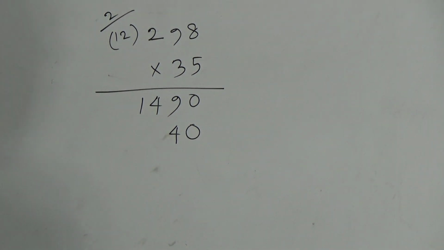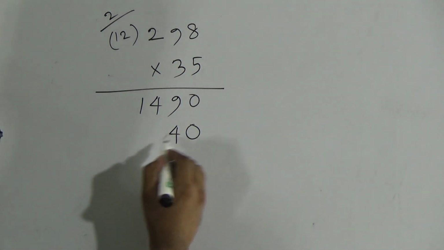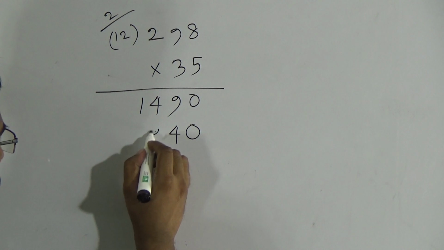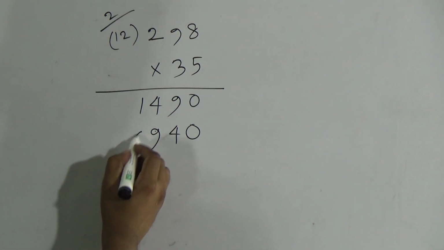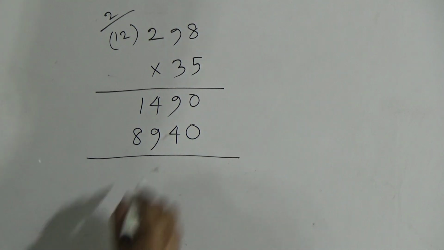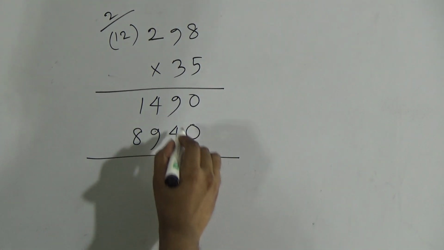Now 3 9s are 27, and 27 plus 2, this is equal to 29. From 29 we will write 9 carrying 2 again. Now 3 2s are 6. 6 plus 2, this is equal to 8.